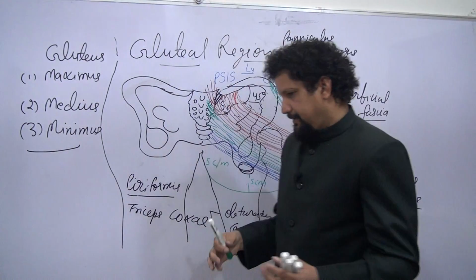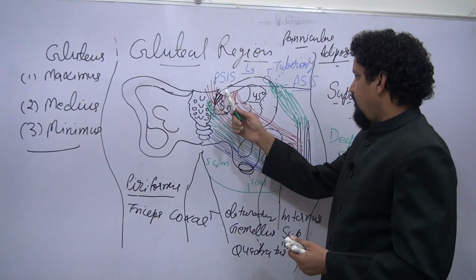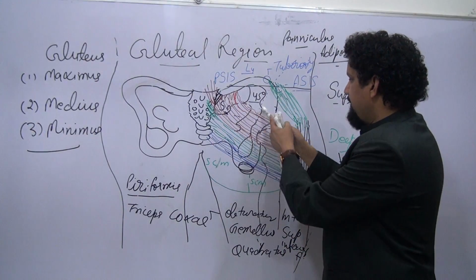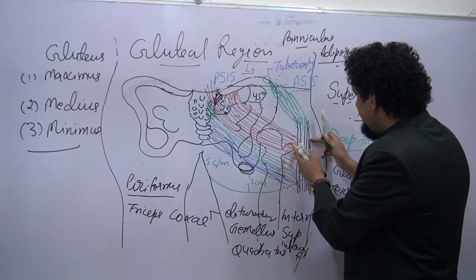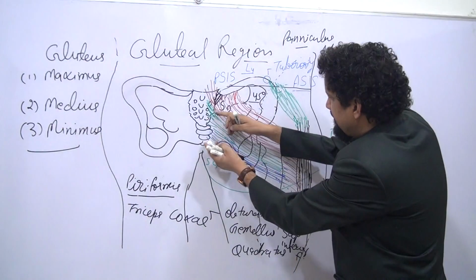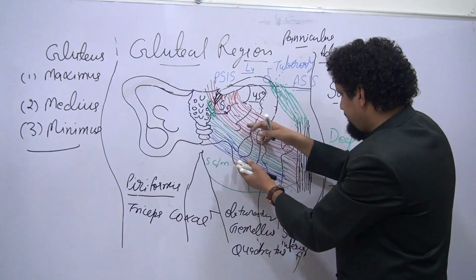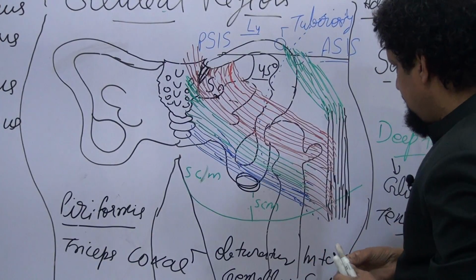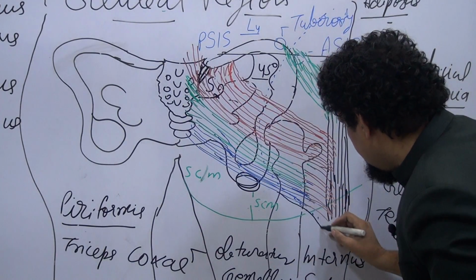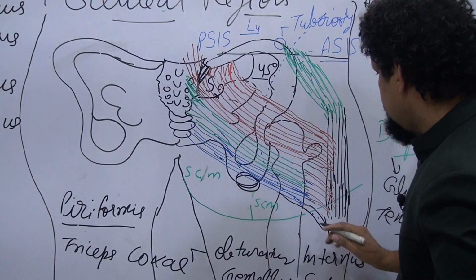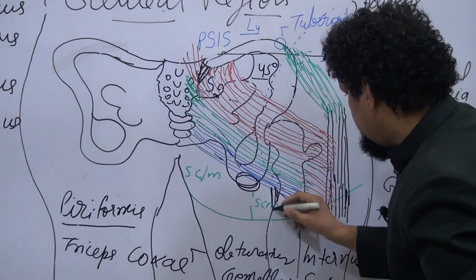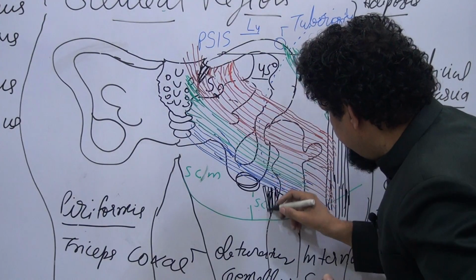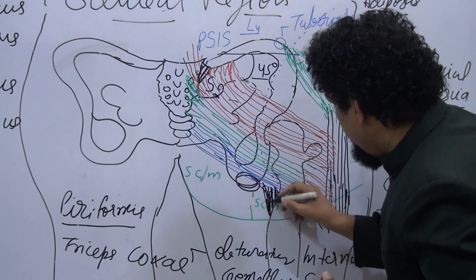So listen again, the fibers of gluteus maximus, upper half, superficial and deep fibers are inserting on the iliotibial tract. The superficial fibers of the lower half are inserting on the iliotibial tract. The deep fibers of the lower half are inserting on the gluteal tuberosity of the femur.